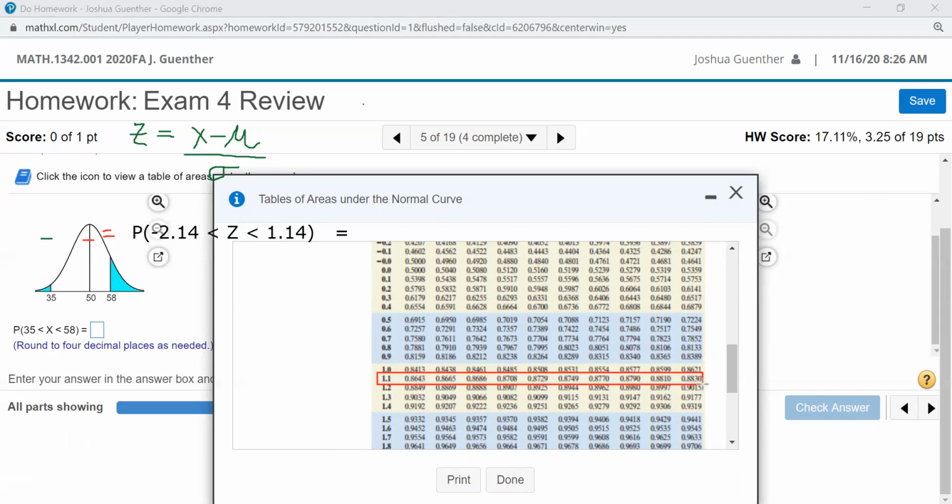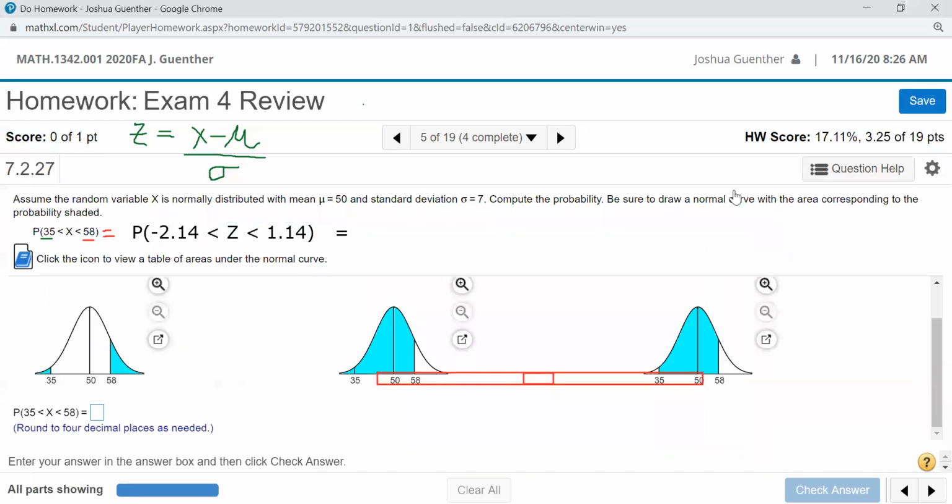And then 1.14 is going to be, let's see, 1.10, 1.11, 1.12, 1.13, 1.14. There you are. 0.8729. Get that 0.8729.